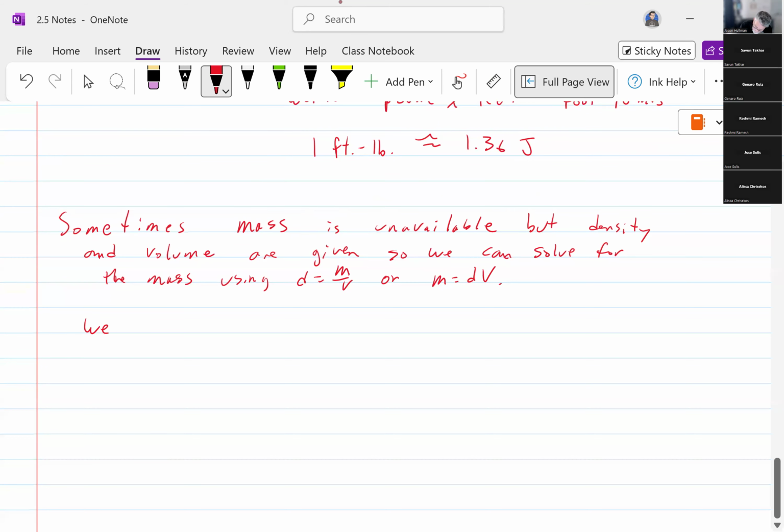We need calculus, particularly integration, if the force being applied varies, or the distance varies, or they both vary.